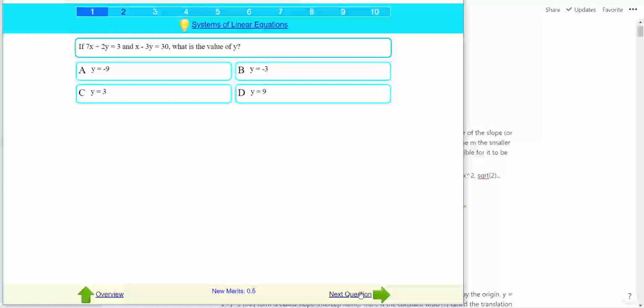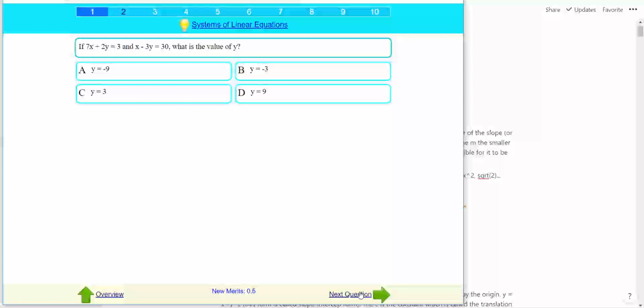So if we multiply it by minus 7, negative 7, we'll have negative 7x plus 21y equal to, what's wrong, negative 210. It's negative 210. So let's organize things here.